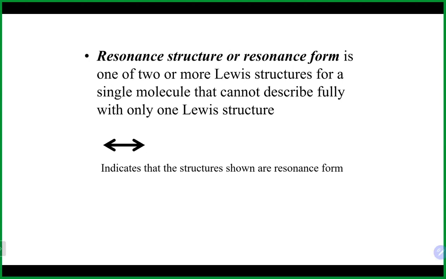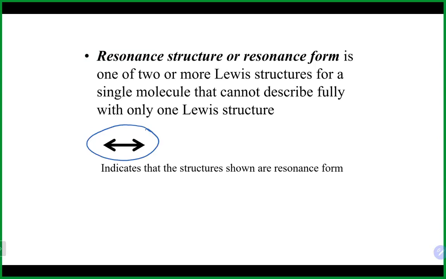So we kind of touched upon resonance structures as we were drawing our Lewis structures, but resonance structures really arise when we have multiple places where we could make a double bond, and it could give us an equivalent structure. Resonance structures are usually separated by this arrow that heads in both directions.